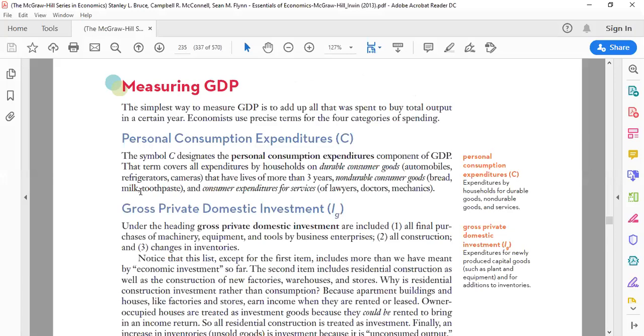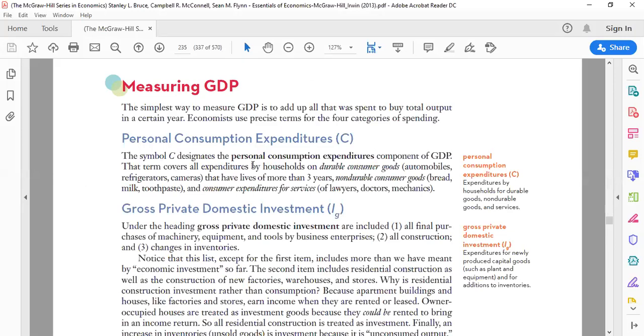First is consumption. Since we are studying the expenditure method of measuring GDP, all the expenditures by the households for the purpose of buying a product to consume it become personal consumption expenditures.